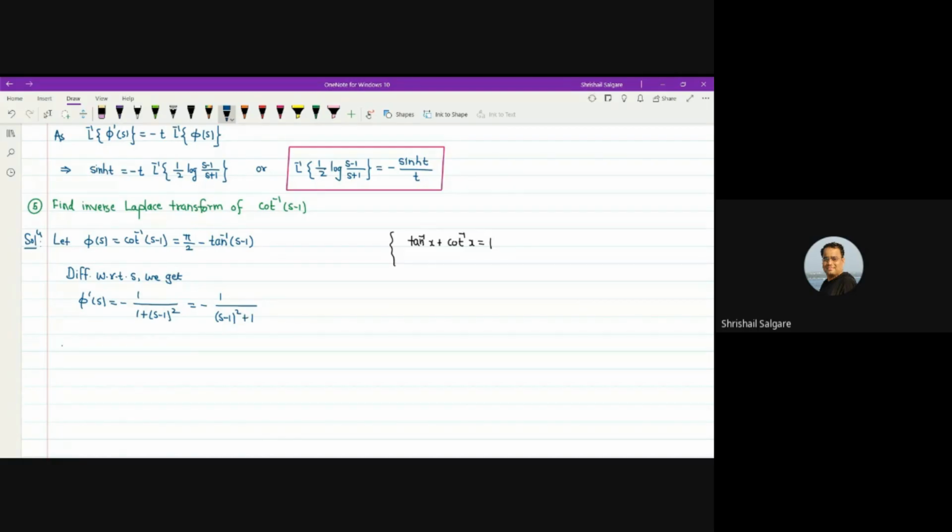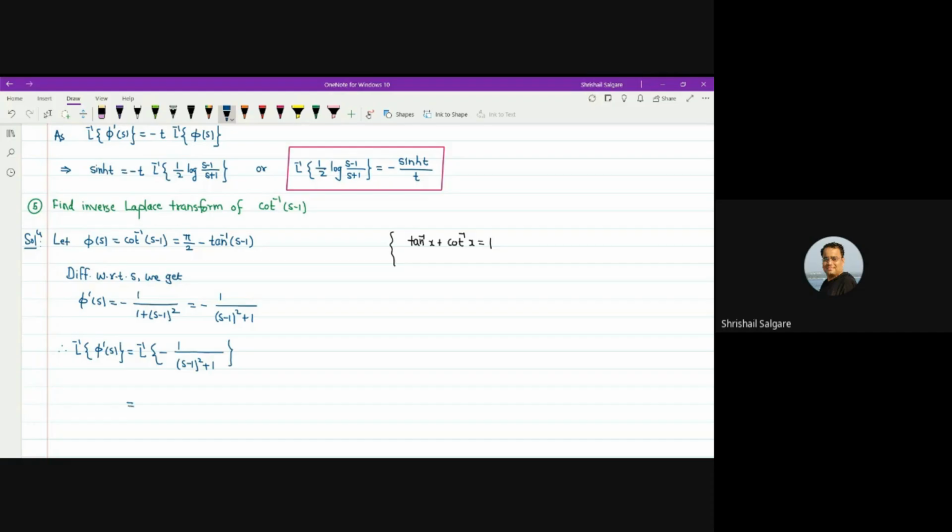So taking the inverse Laplace transform, L inverse of phi dash s is given as L inverse of minus 1 upon (s minus 1) bracket square plus 1.